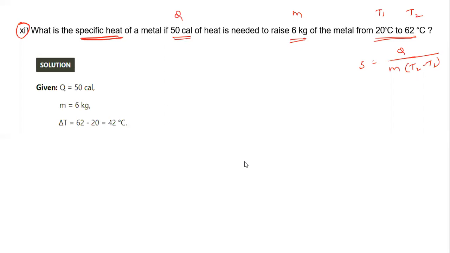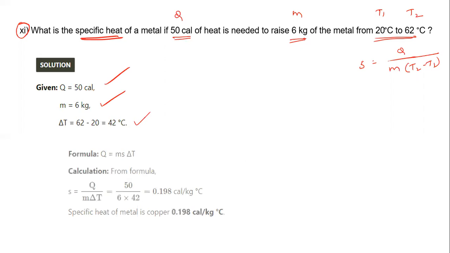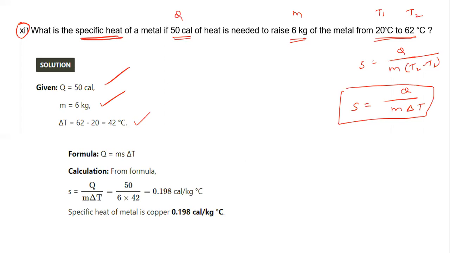Everything is given. Q is 50 calorie, M is 6 kg, delta T is 42. So the formula of specific heat is Q upon M into delta T. By using that, we find the specific heat. After substituting Q, M, delta T, we get 0.98 calorie per kg per degree Celsius.